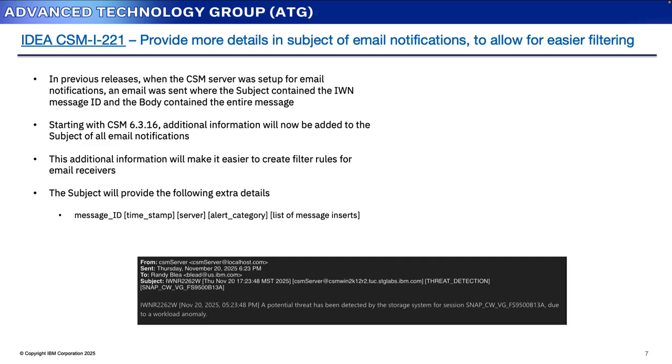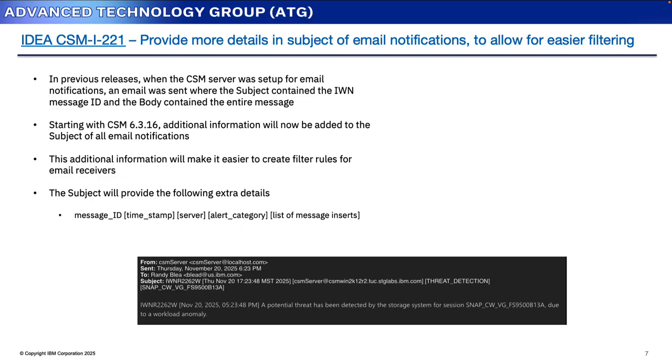Well, we had a request from a customer who wanted some more information so that they can actually filter these messages. And so what we did is, in 6.16, every email alert subject will consist of the message ID, a timestamp, the server name, the alert category, and a list of the message inserts.